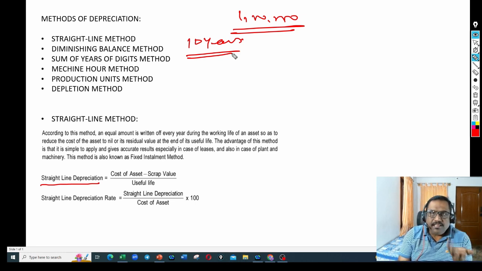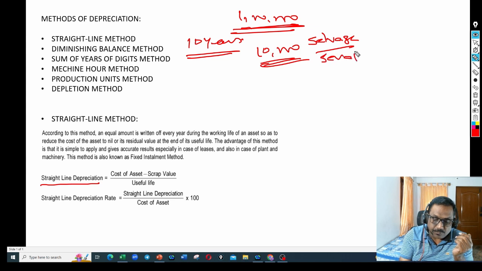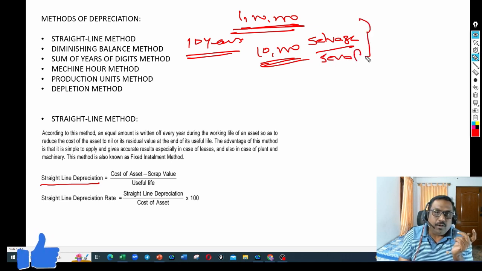So at the end of the 10th year, we will sell this asset as scrap. When we sell this asset as scrap, probably we might realize 10,000 rupees. I'm just taking an example. We call it salvage value or scrap value. Scrap value is 10,000.